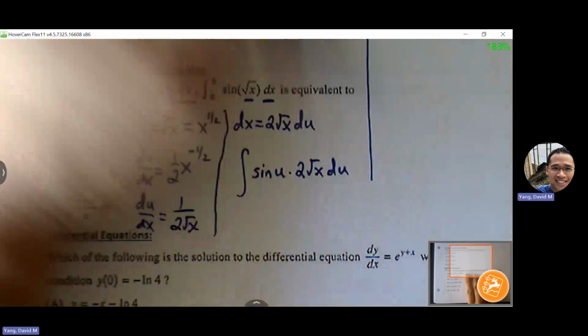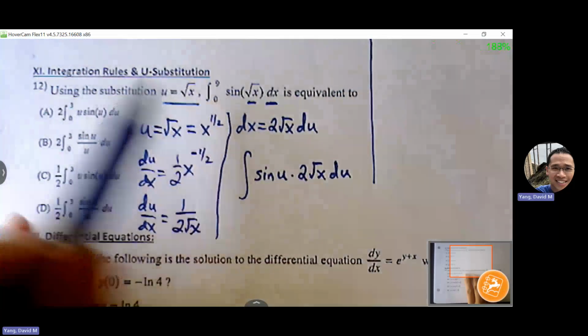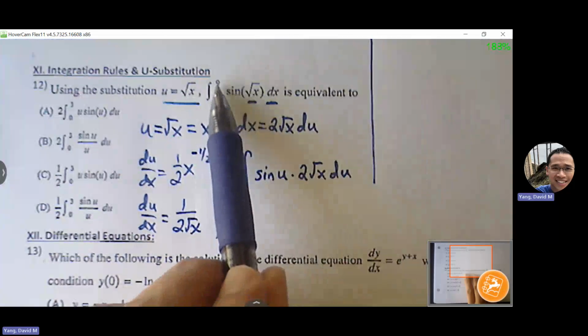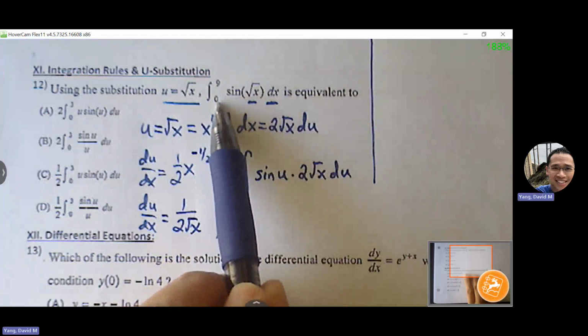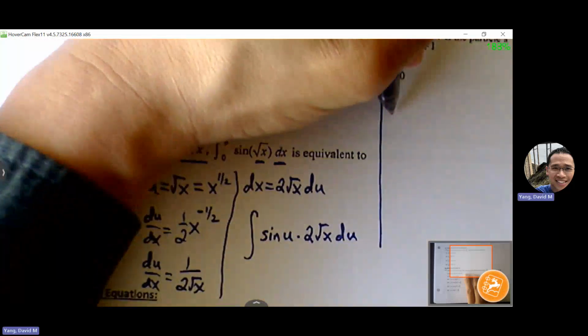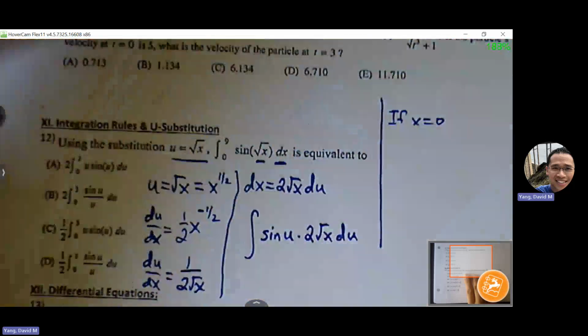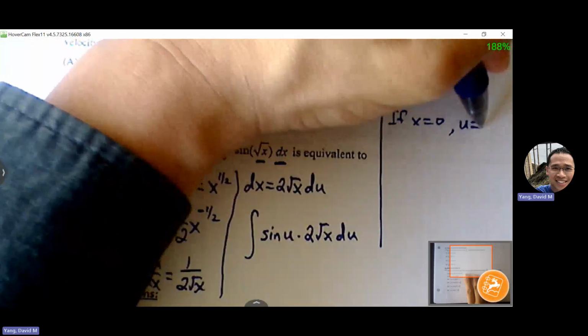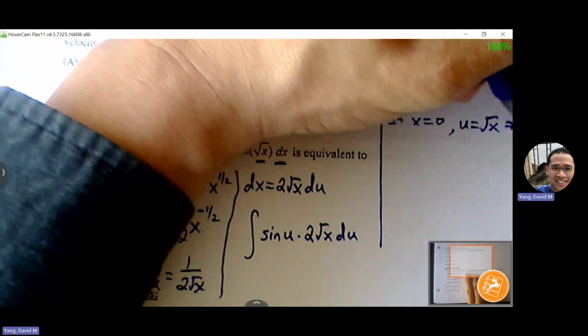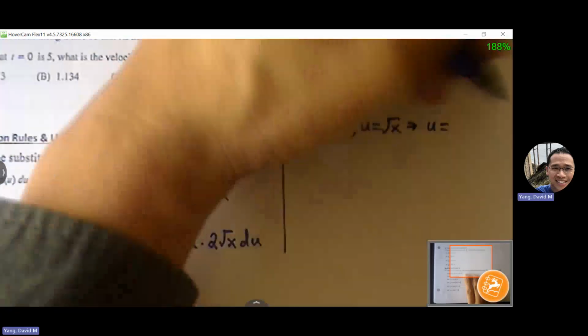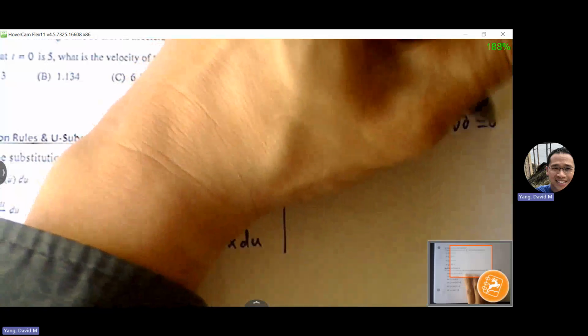But we do know the bounds have to be adjusted as well, because right now the 0 and 9 is in terms of what? In terms of x, right? So we're going to have to convert the bounds here. So when x is equal to 0, and we know that u is equal to root x, that means u is equal to what for this bound? Still 0. Okay, so root 0 is still going to be 0.